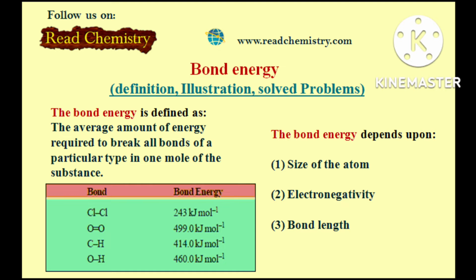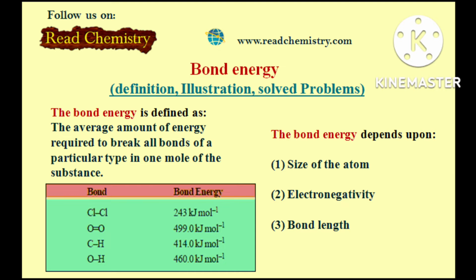The overall thermochemical equation for its atomization reaction I am telling you now. CH4 gas, when its bonds break, will give 1 carbon in gaseous state and 4 hydrogen in gaseous state.